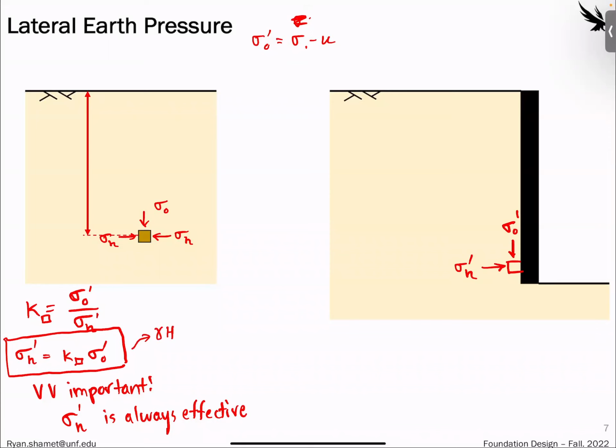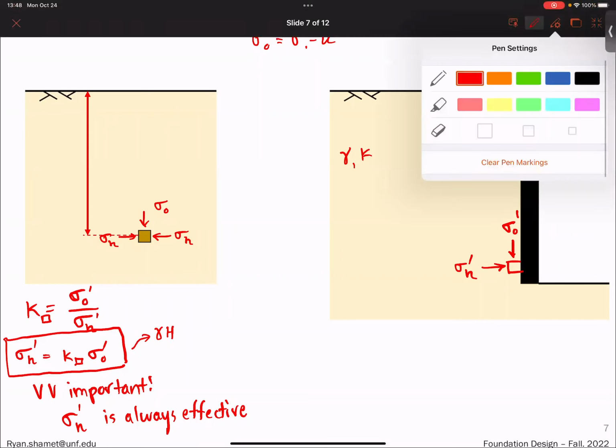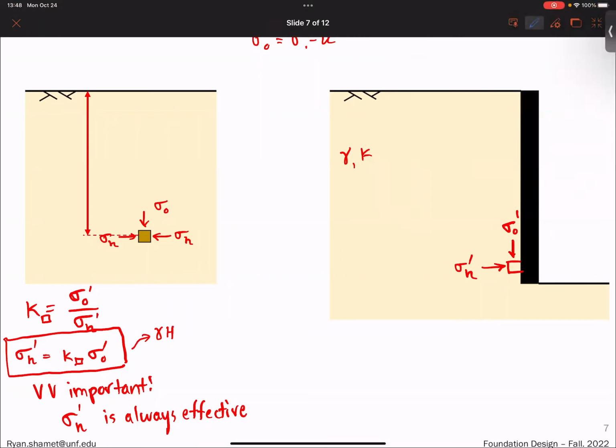So if we have a soil condition like this, where everything stays the same, so our unit weight is the same, and our K is the same, then what we would expect to see is this profile of stress be higher at the bottom and then 0 at the top, right? Because at the top, there's no overburden. So we can get a stress profile acting on this retaining structure.